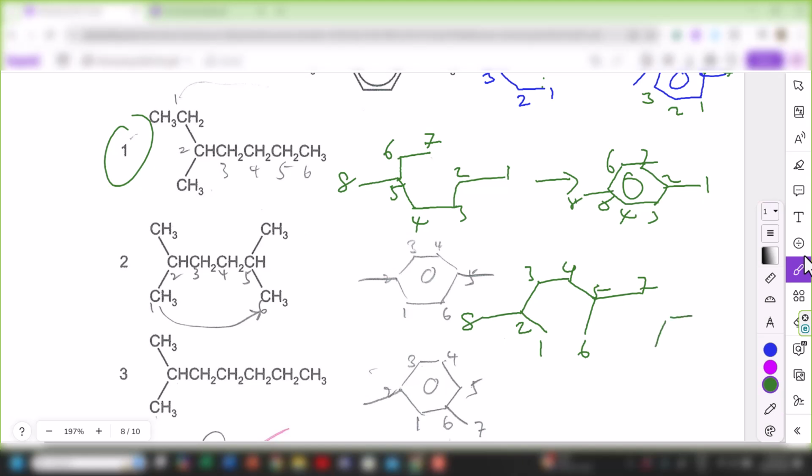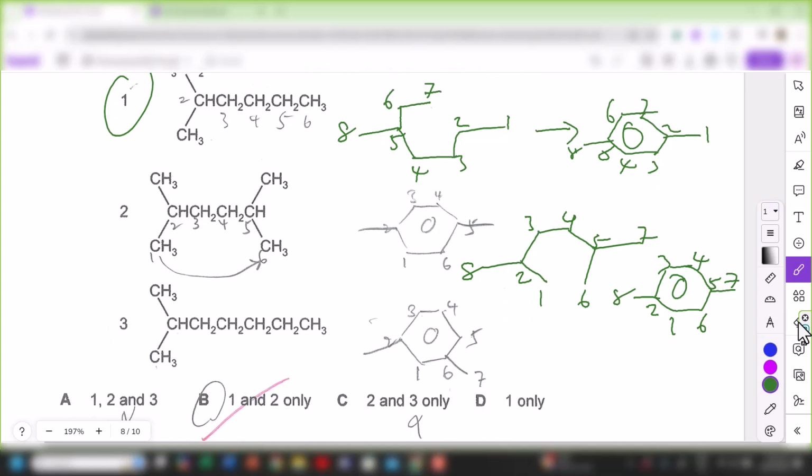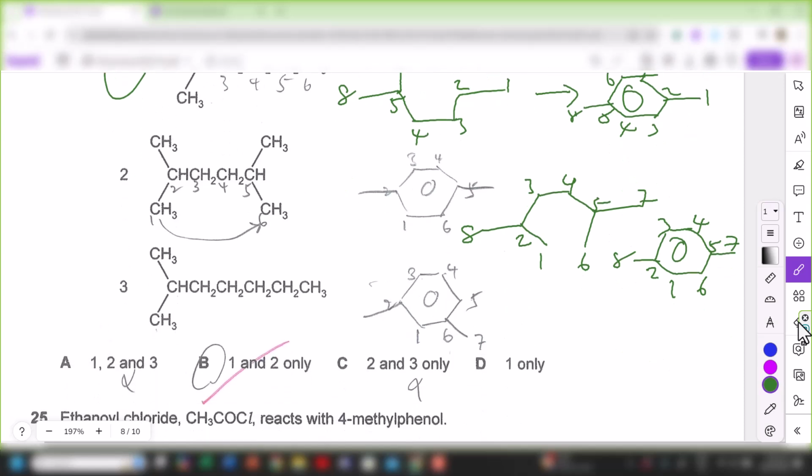So 2, eventually I'll end up something like this. Then 7, 5, 4, 3, 2, 1, 6, 8. Make sure you count them properly so that you don't get missing carbons. So 2 is also possible.